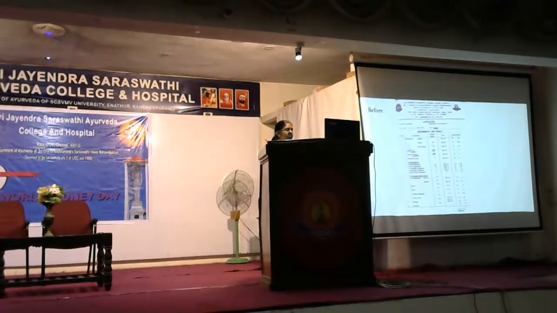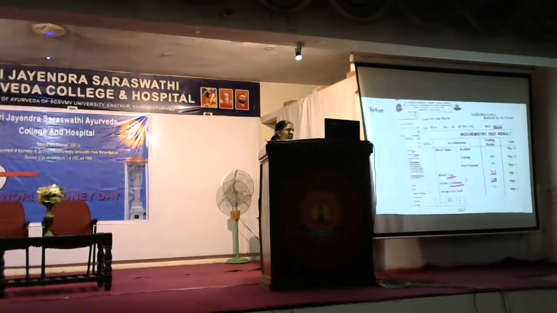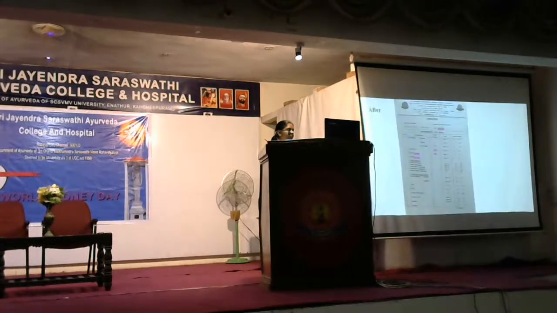You can see the urea level and creatinine level, 81 and 5. This is again on 6/1. At the time of discharge, urea remains elevated at 92, but creatinine has come down to 3.31.